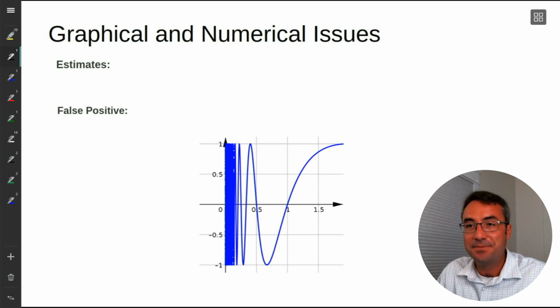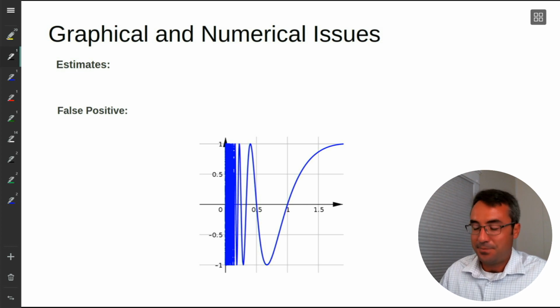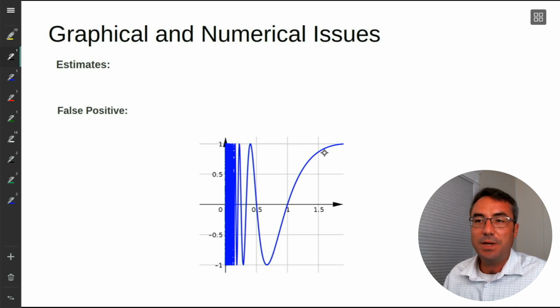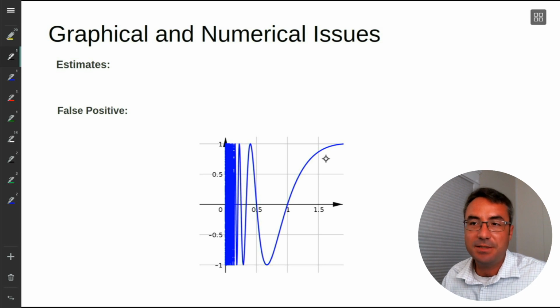So the first issue is they're just estimates. When we read off of a graph, here's a graph of a function. If I were to say, what is the value of this function at 1.5, we can produce a pretty good estimate, but it's an estimate, in the end.